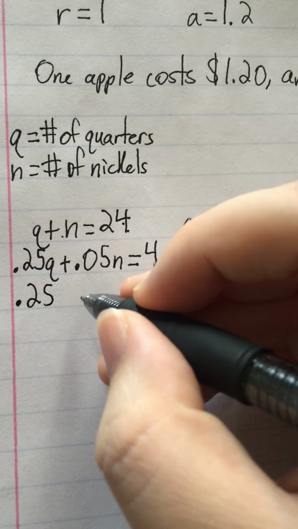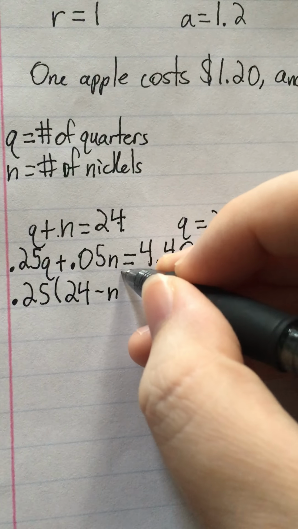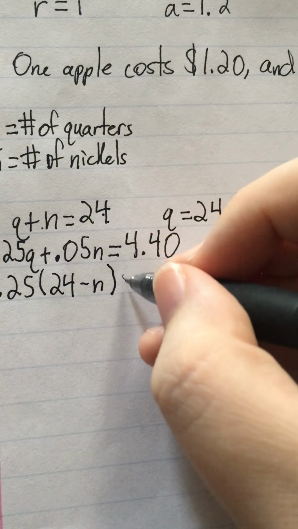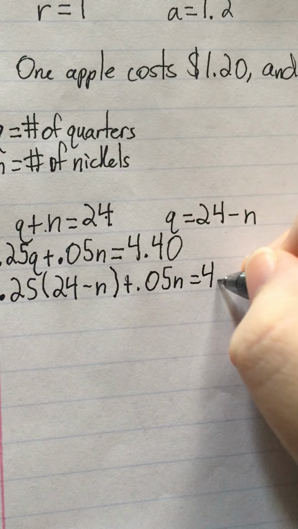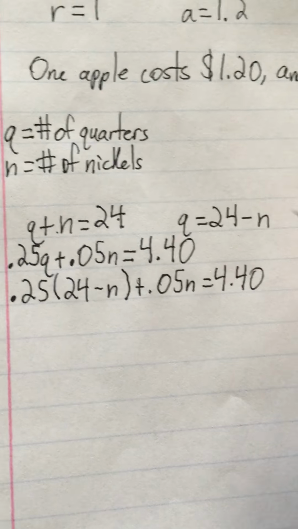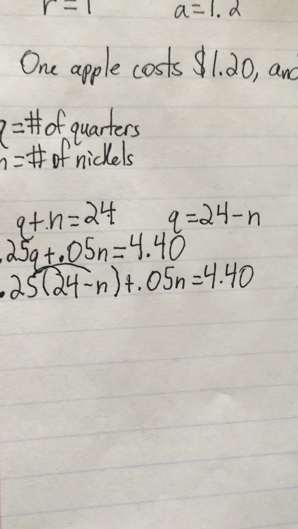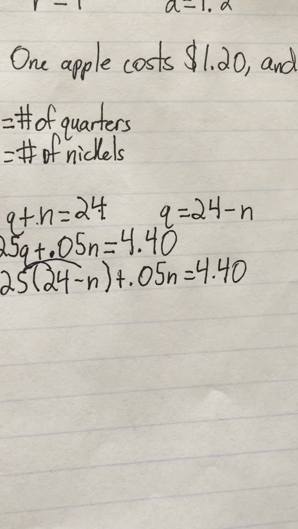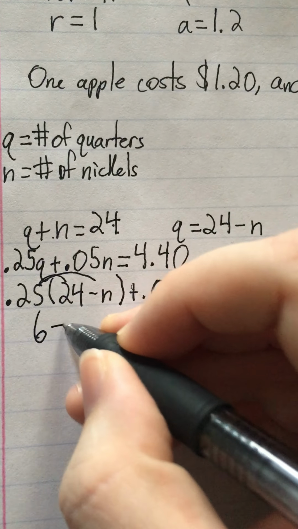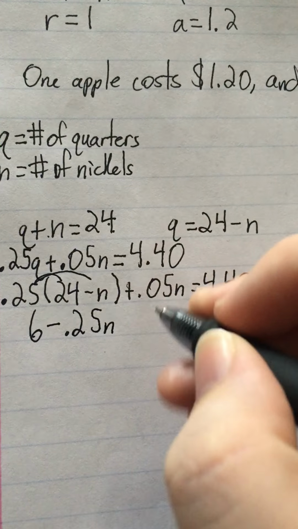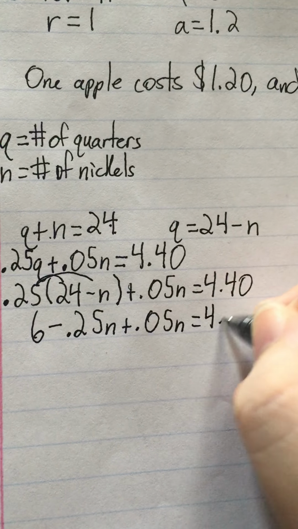So then I just plugged it in to this equation down here. So I got 0.25 times 24 minus n, and then add on this plus 0.05n is equal to 4.4. So then I'm going to distribute this 0.25 out, and you end up with 6 minus 0.25n plus 0.05n is equal to 4.40.